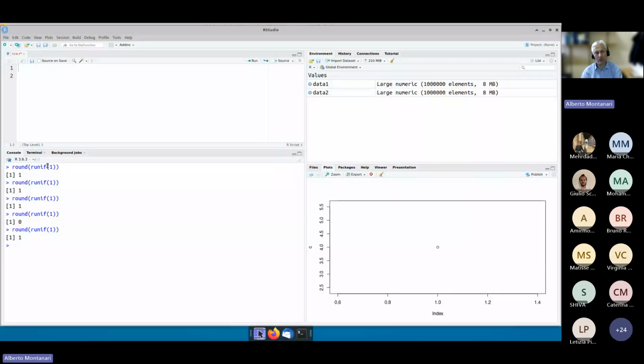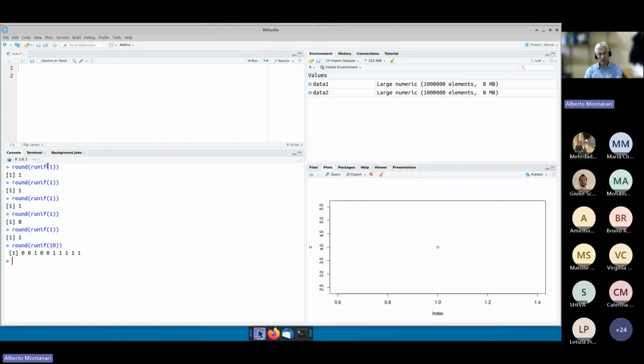This is the experiment of tossing a coin, where 0 is, say, head, and 1 is tail. And if I want to make several experiments, let's bring the number of the variables to 10, and you see the result.